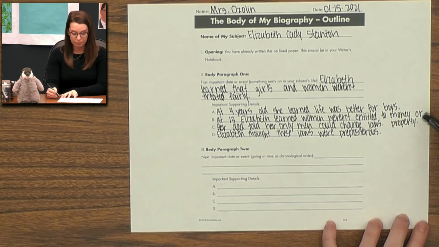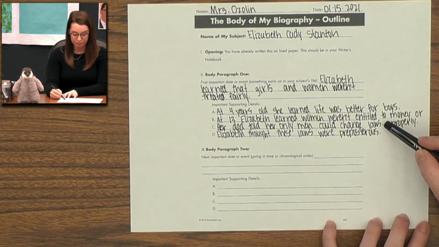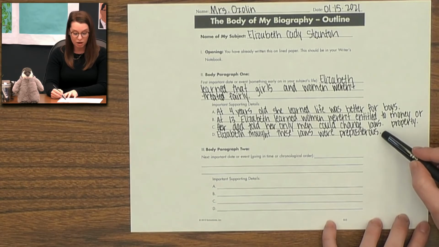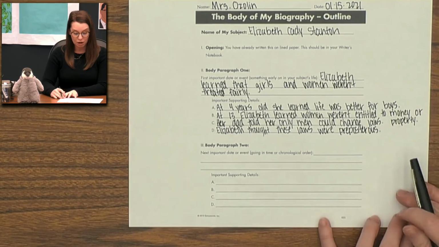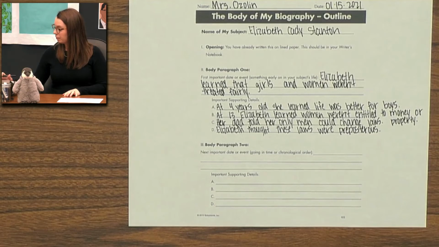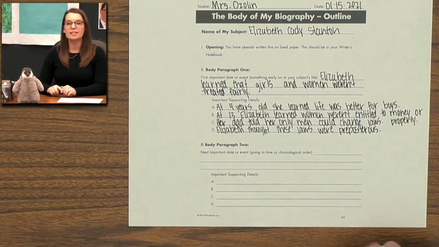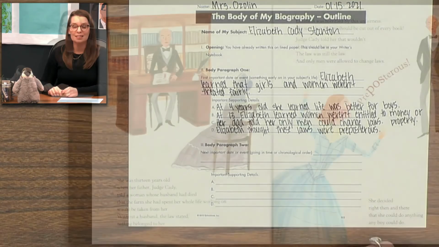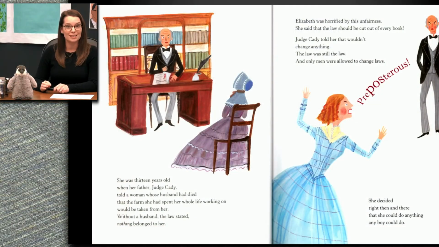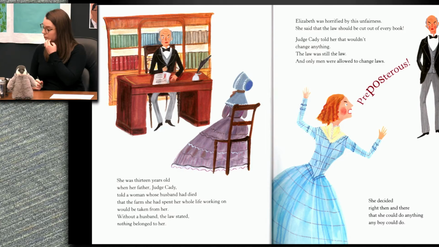That's not fair. Her dad told her only men could change laws. And Elizabeth thought these laws were preposterous. Yep. All right, let's keep reading and see what other big ideas come out and the supporting details that come from those.